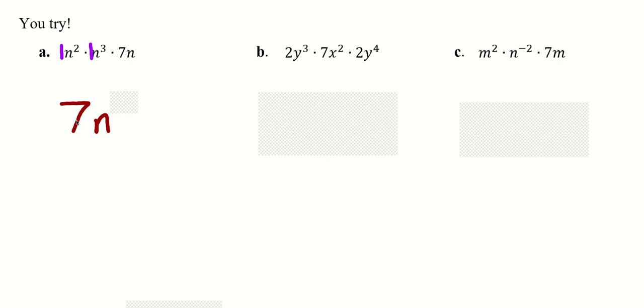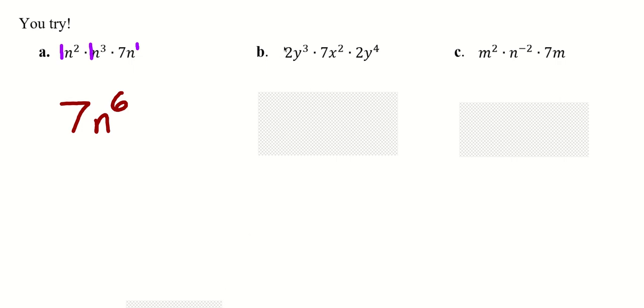So just 7. But then what are we doing with the n's? We have n to the second times n to the third times n, which again, remember, this technically has a power of 1. So what do you do to simplify n to this power times n to that power? Again, you add the powers. 2 plus 3 plus 1, 6. Okay?